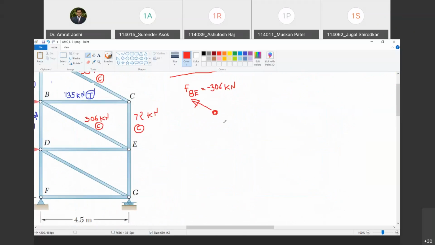You are going to show always forces going away from the pin. But if it is compressive, as per the analysis done, then you are going to substitute it with a sign, and that sign is going to be minus. Minus 306 kilonewton tension is same as 306 kilonewton compression. Are you with me? Yes, sir.